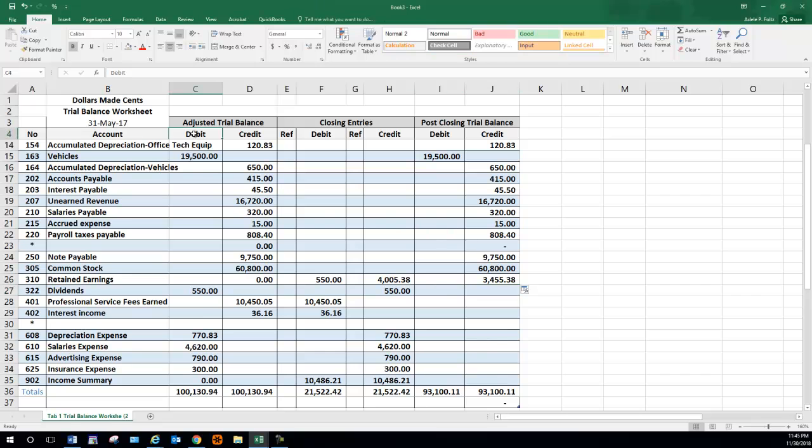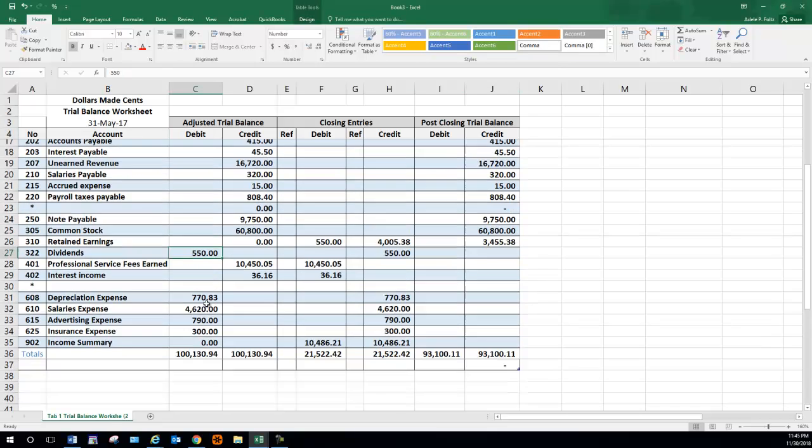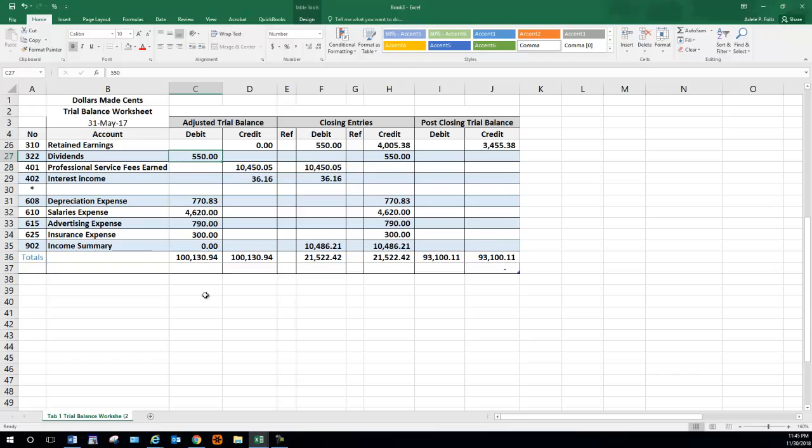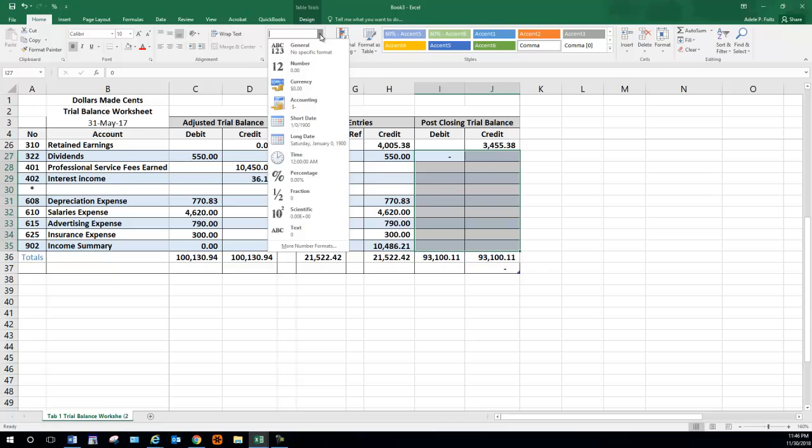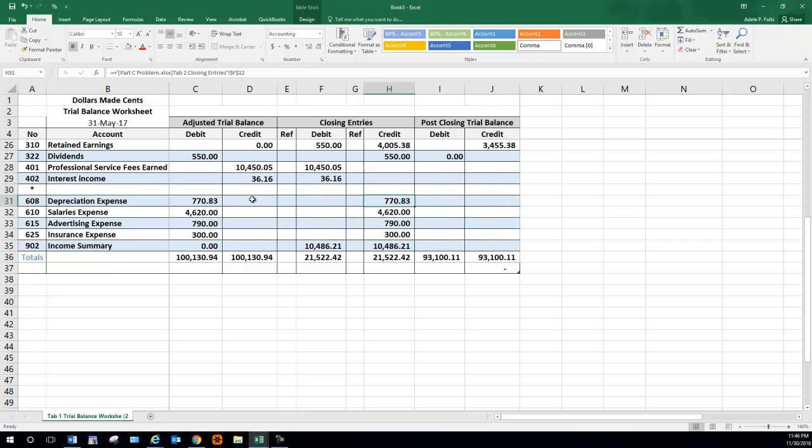So let's take a look at our dividends. We have a debit balance here. It's in the debit column. Let's move this all the way up so we can see that. So it's in the debit balance column, and we are crediting it, so it ends up with a zero balance. Just make these all numbers so we can see the zeros show up. Okay. If we look at our professional service fees earned, it started out with a credit balance of $10,450.